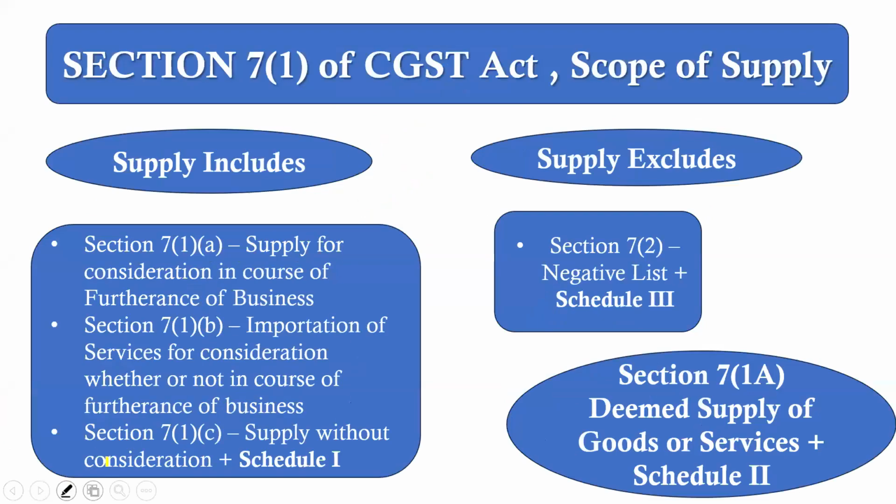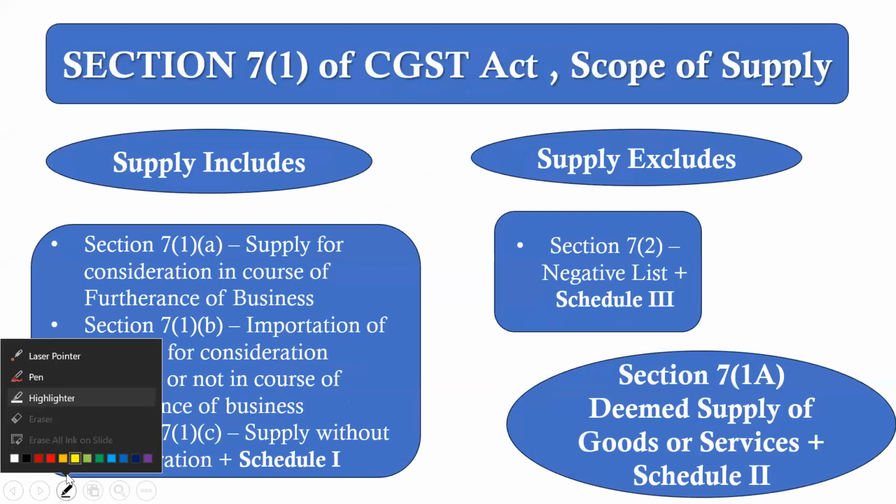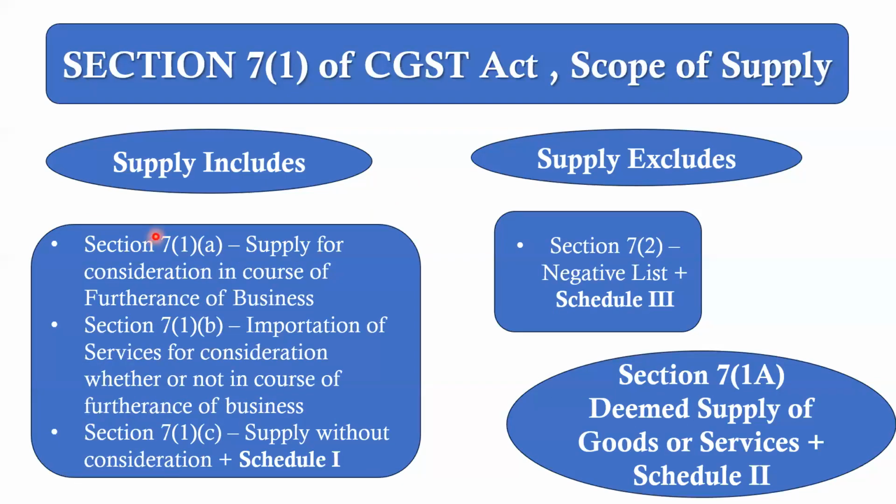Now next is Section 7 subsection 1 under your CGST Act, stating the scope of supply.